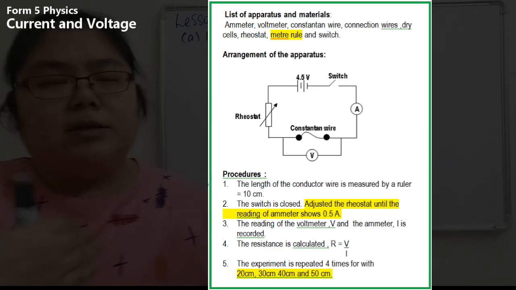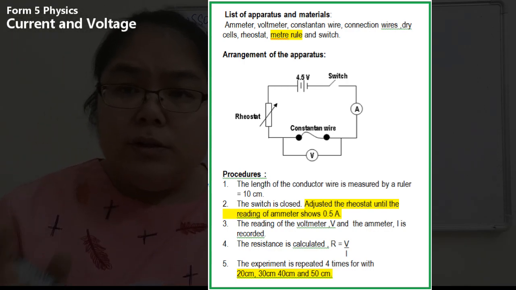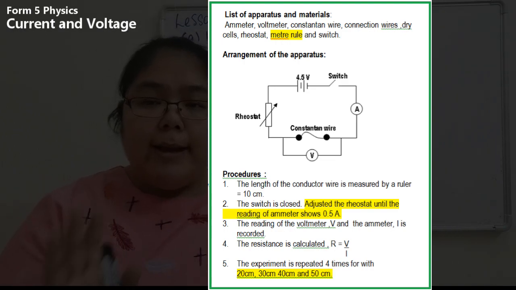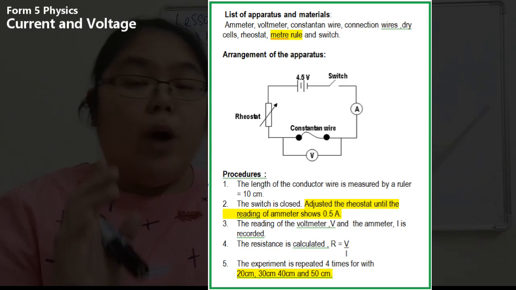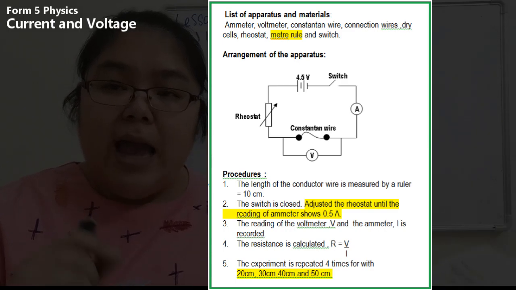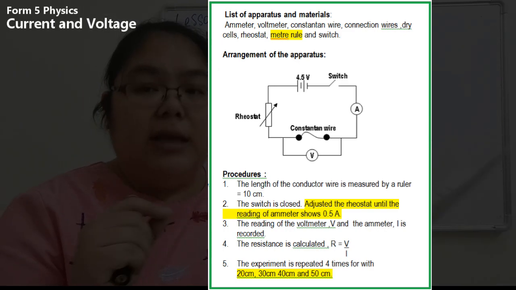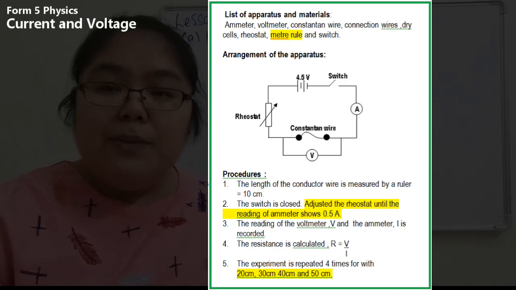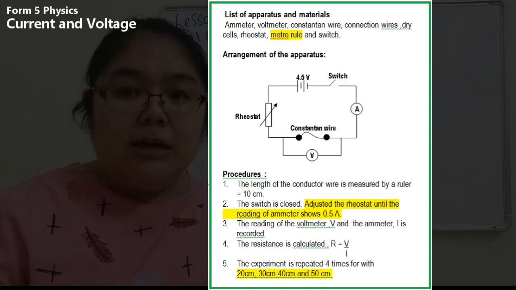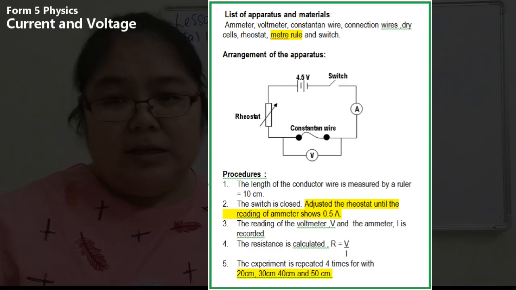Now you will ask me, is the current the manipulated variable? No, I can guarantee it is no. Why do I want to put 0.5 ampere? The reason is I don't want the ammeter reading to become bigger and bigger, or smaller and smaller later.